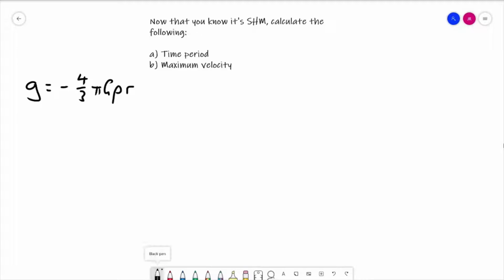And what that means, as I said, when we compare that to minus omega squared x, is that it's this bit here, not including the r. Just be careful to show that. Okay, not including the r, it's the 4/3 pi G rho bit that we are going to match and therefore equate with omega squared.